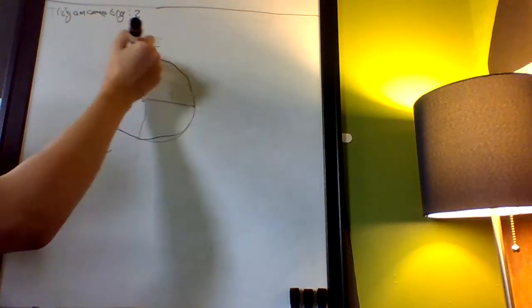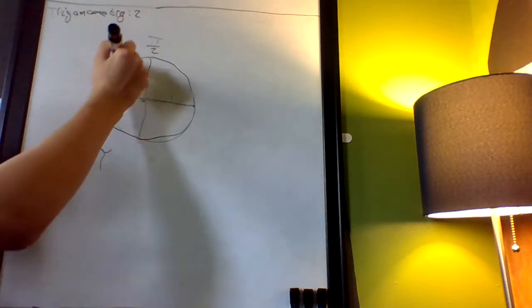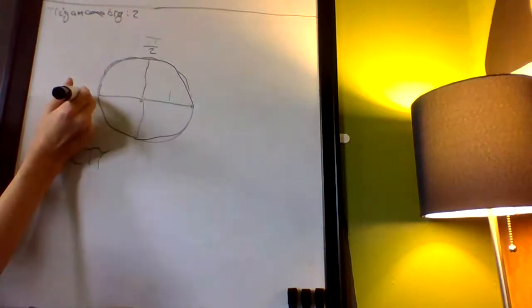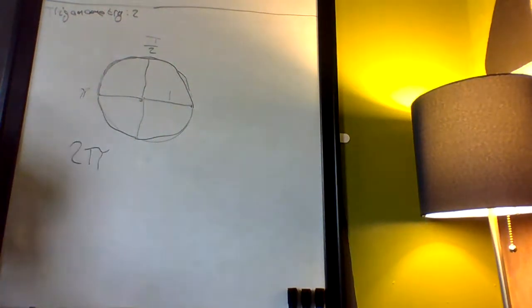This distance along here is going to be 1/2 of the circumference, which is just going to be pi.